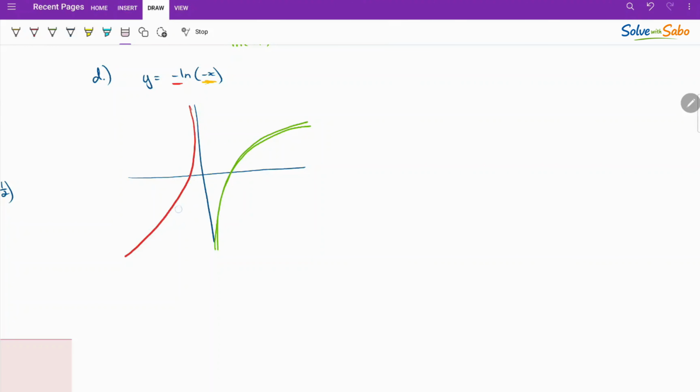So, let's get rid of all this. What we're going to have is a vertical asymptote still. We still end up with a vertical asymptote here at x equals 0, because again, no h transformation.